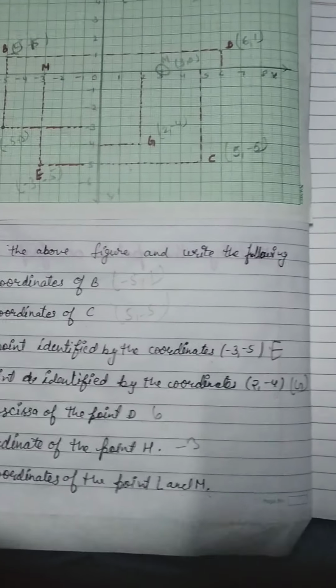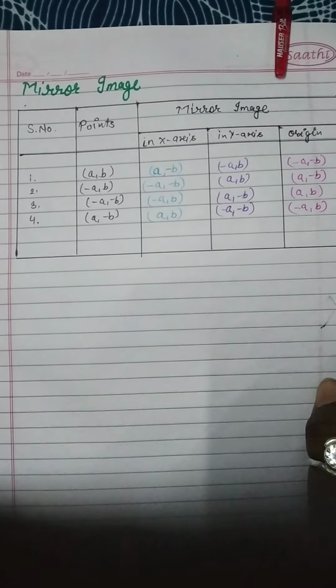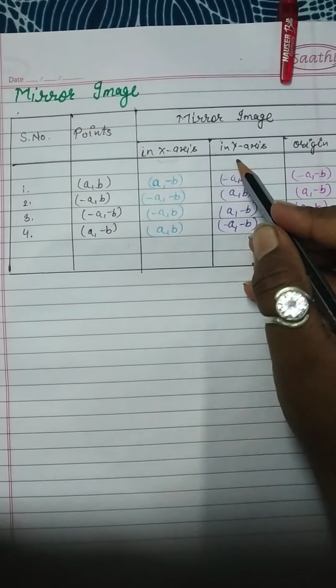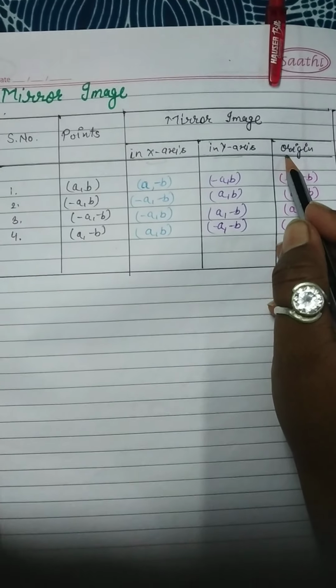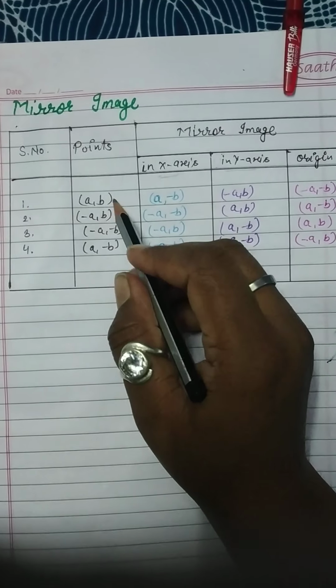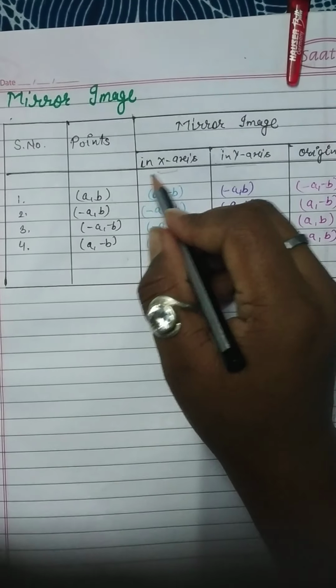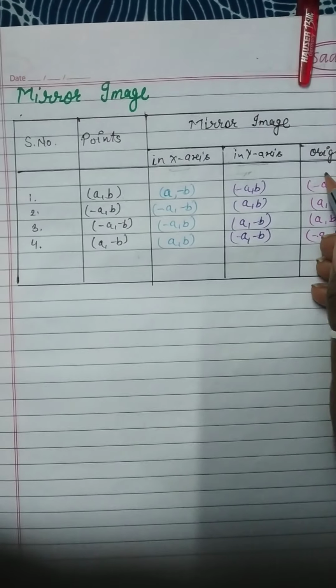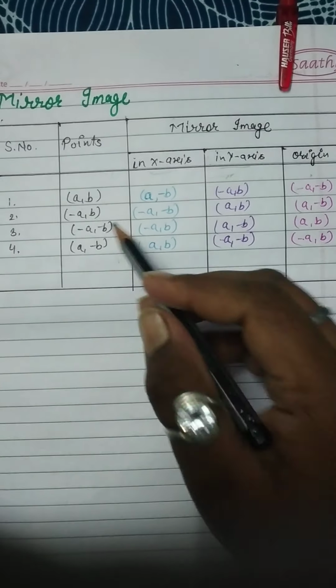Now mirror image. These are points in the x-axis, in the y-axis, and about the origin. For (a, b): in the x-axis the sign of y changes, in the y-axis the sign of x changes, and about the origin both signs are changed.